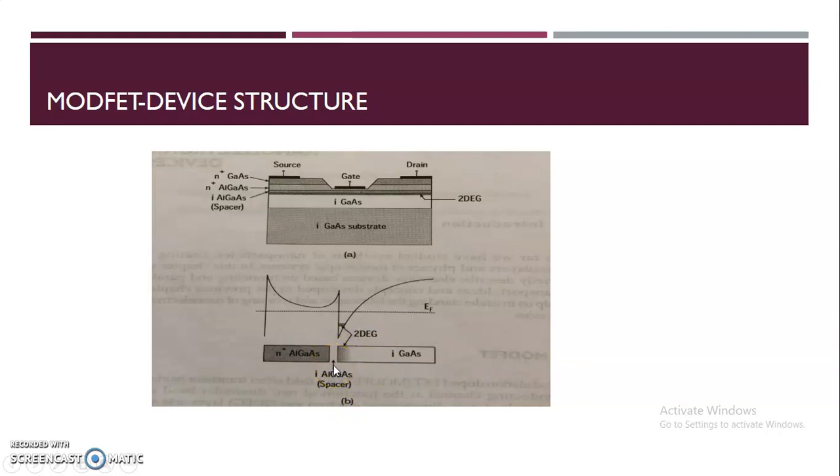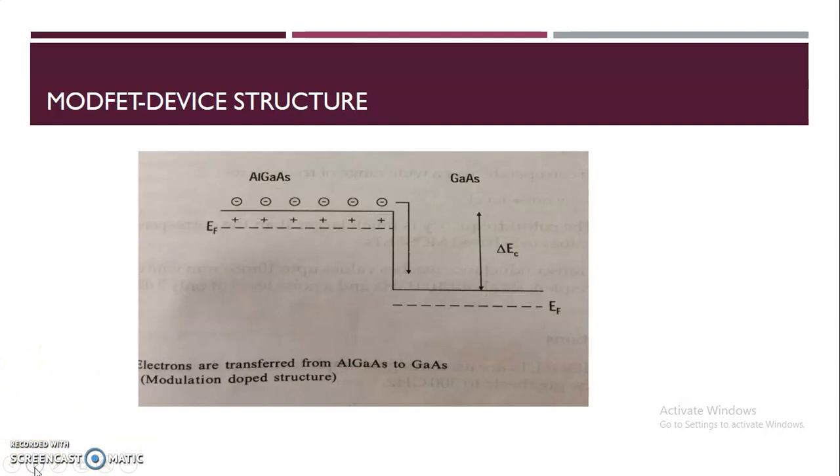I'll tell you what a spacer is. The width of the two-dimensional electron gas is nearly 8 nanometers. Before that, the quantum well is formed at the interface due to the larger gap of the AlGaAs as compared to that of the GaAs.